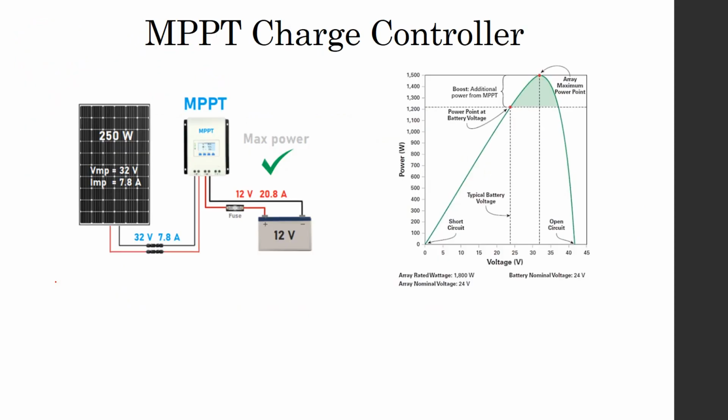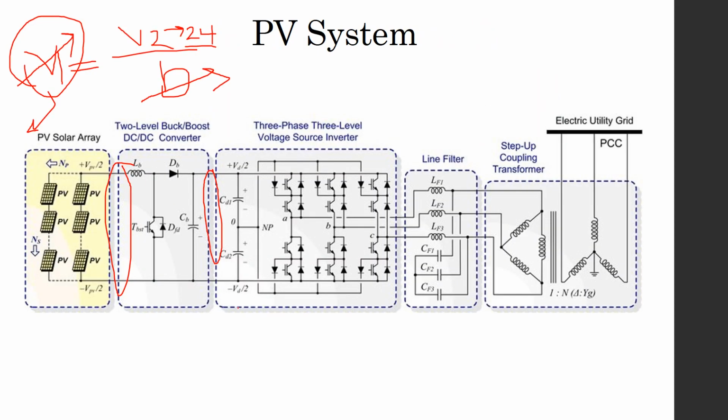So naturally the PV array voltage depends on the solar irradiation and the temperature.